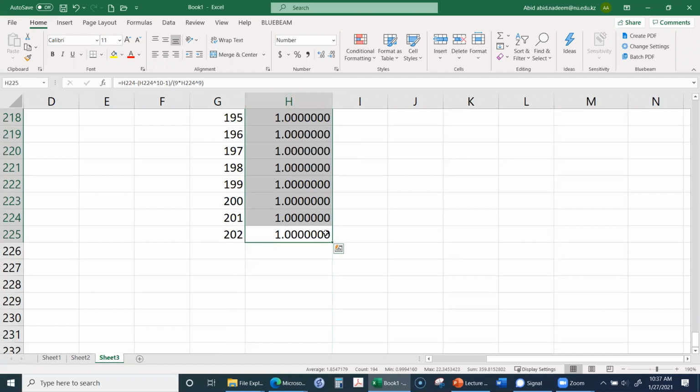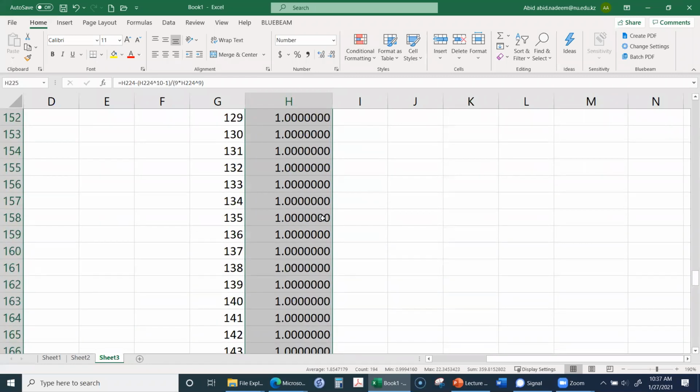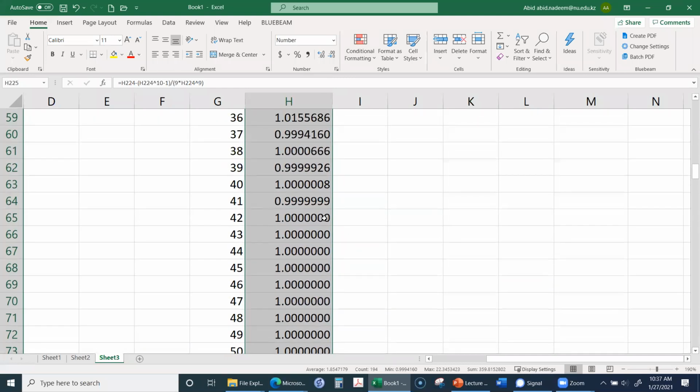If I show that, now the solution has almost converged, to something like the 40th iteration.